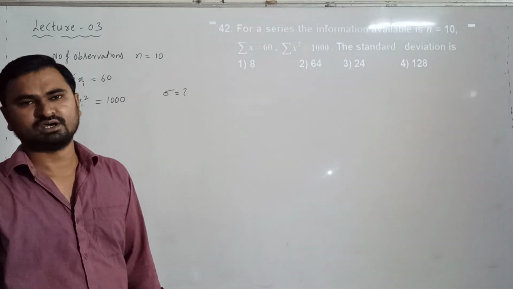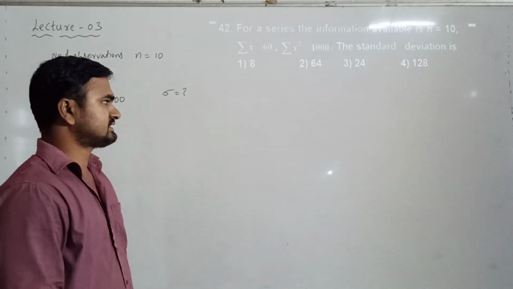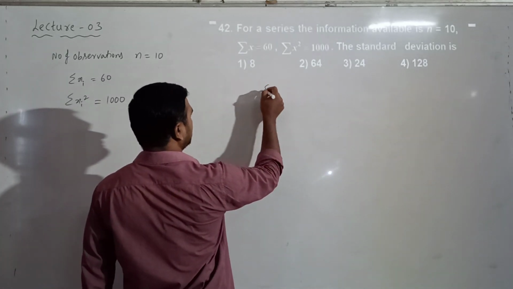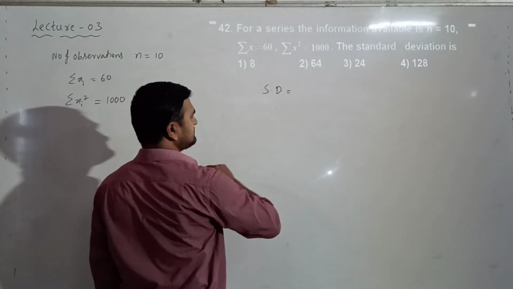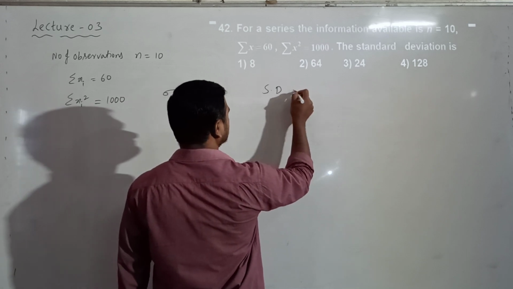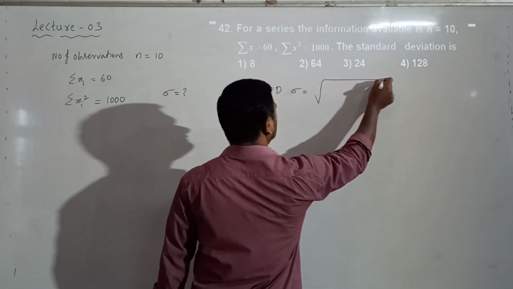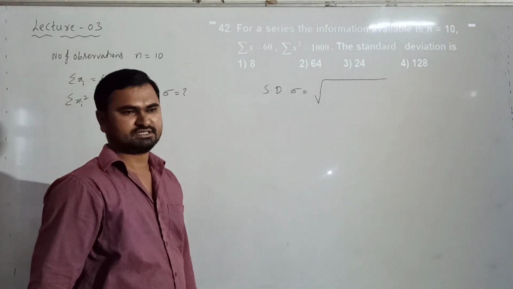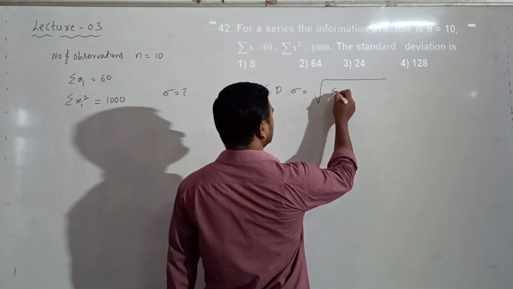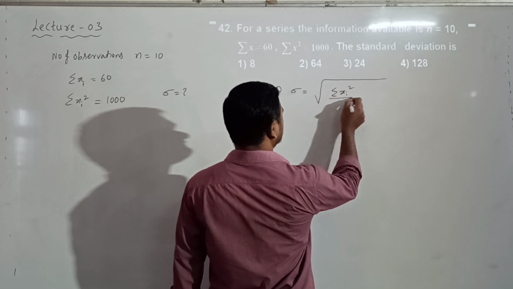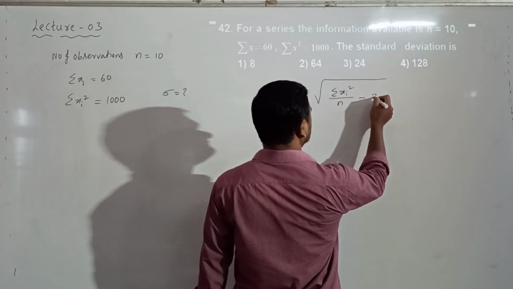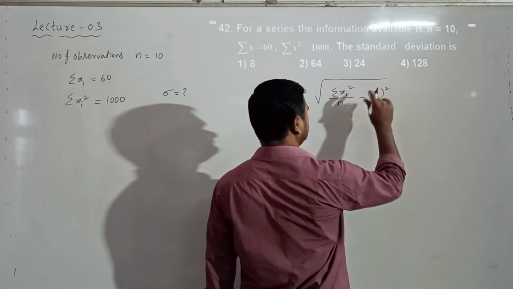Using this, what is the standard deviation? Now we know the formula for standard deviation. Standard deviation sigma is equal to the square root of the variance. And what is the variance we know? Sigma xi square by n minus x bar whole square.